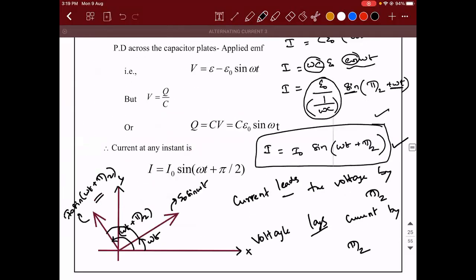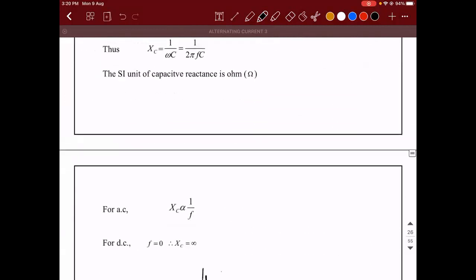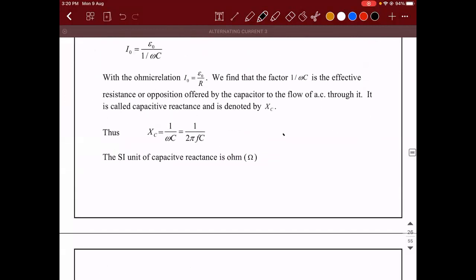Having these two factors in mind, I would have told one more point also. There is a parameter called XC. What is XC? Check your notes and tell me. It is called capacitive reactance. Did I explain about this or not?